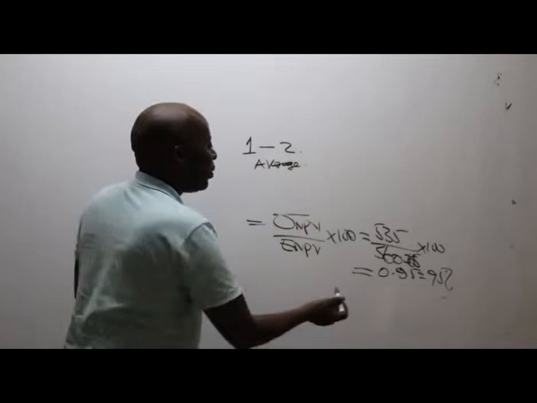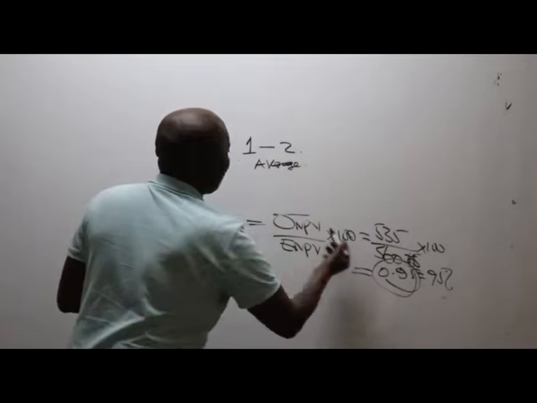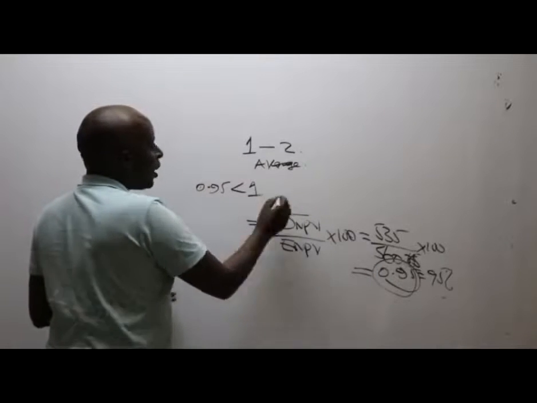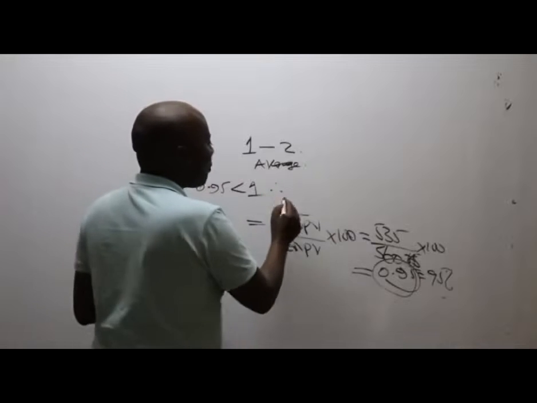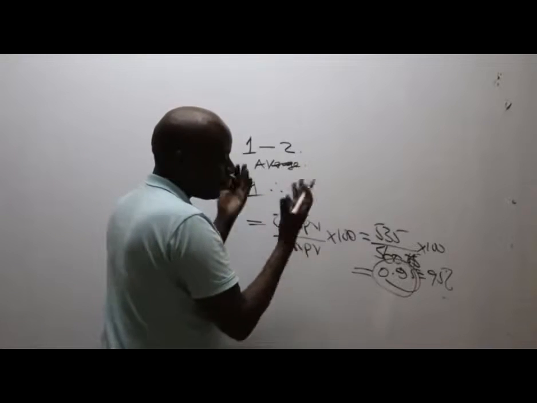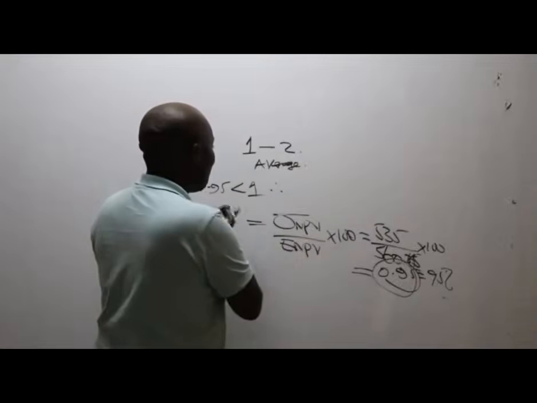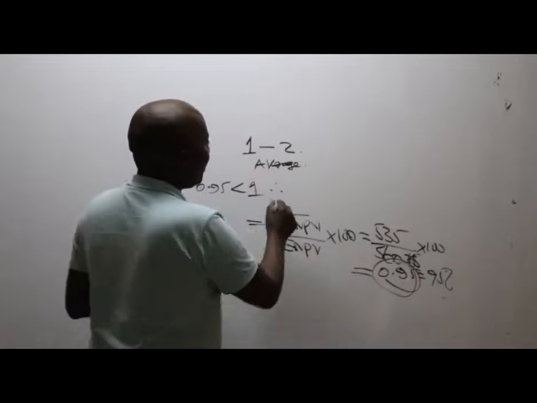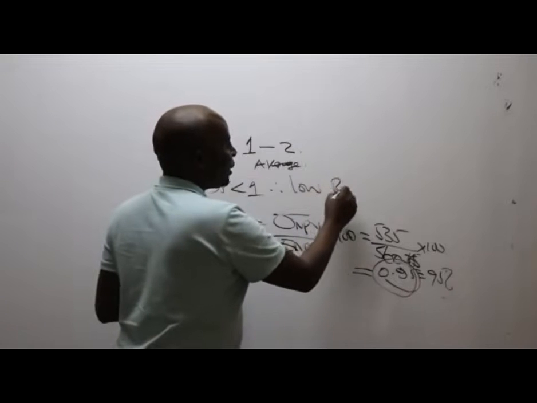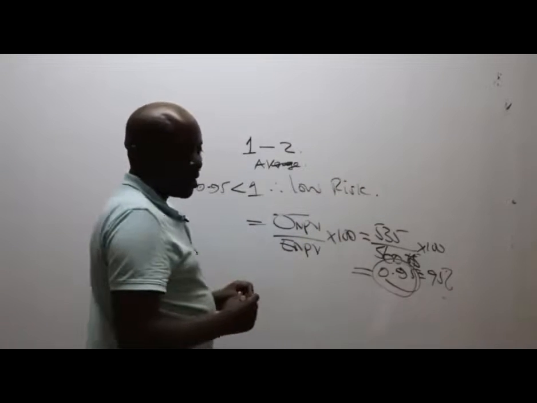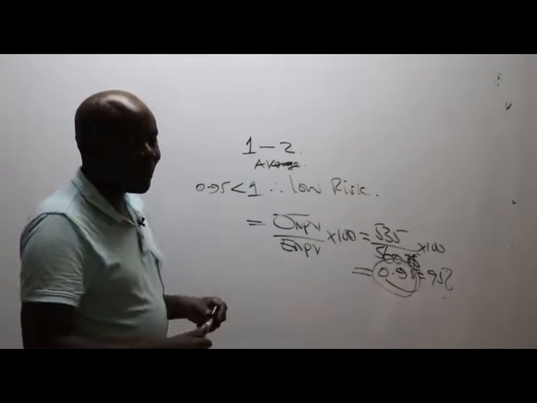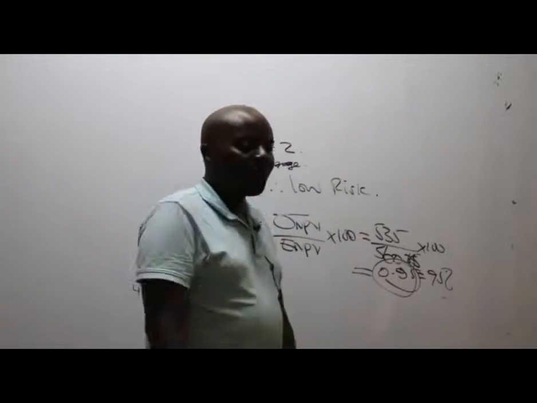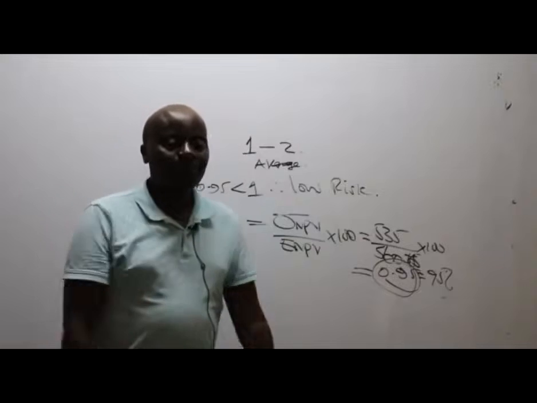But look at the one that you have obtained here, 0.95. 0.95 is less than 1, meaning that our project, regardless of the fact that 95% is so high, but given what they have told us, 0.95 is on the left of 1, meaning that our project is low risk. Is that okay?